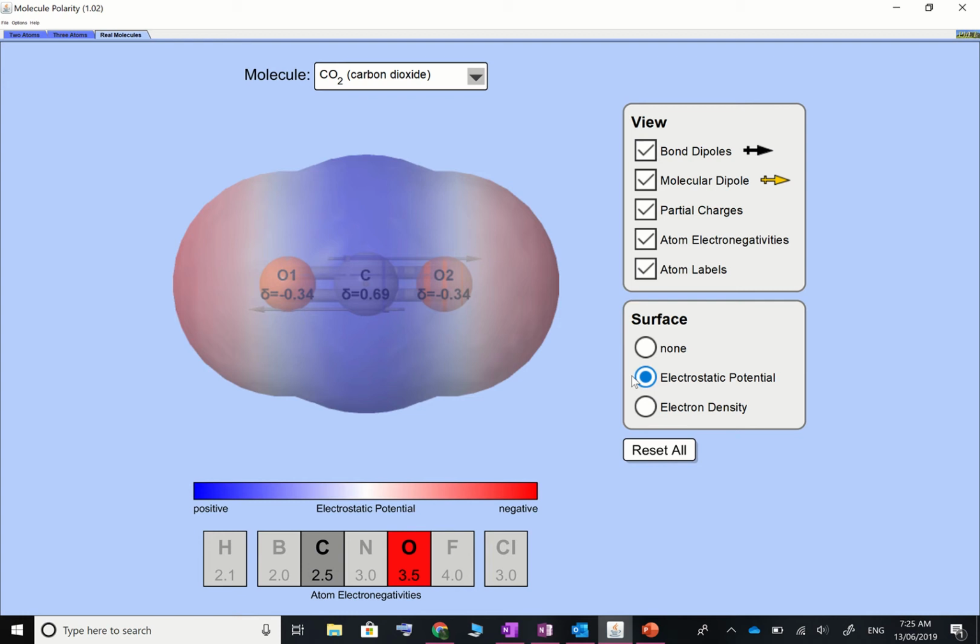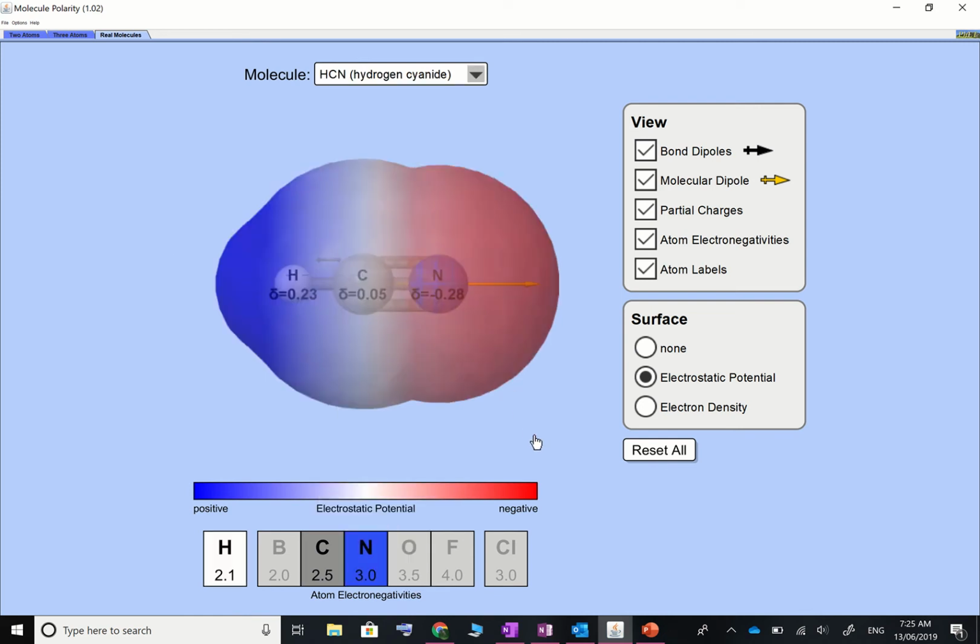It's a linear molecule. It's non-polar because the two electronegative ends are evenly spread. So it's a symmetrical molecule, and so it's not going to be polar because of those evenly spread oxygens, even though it's got an electronegativity difference of 1 there.